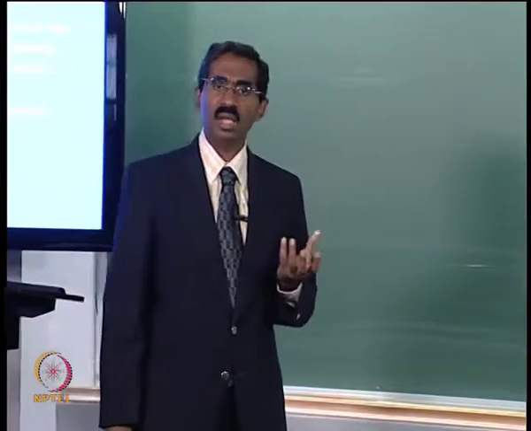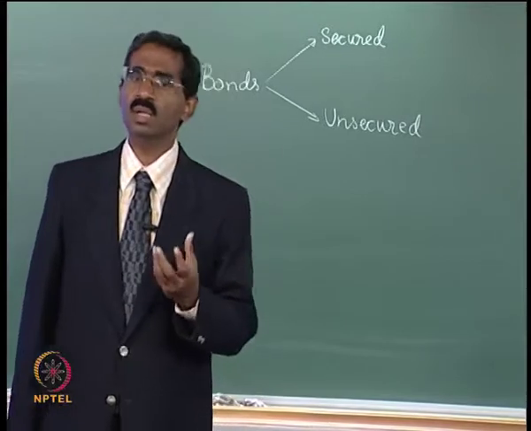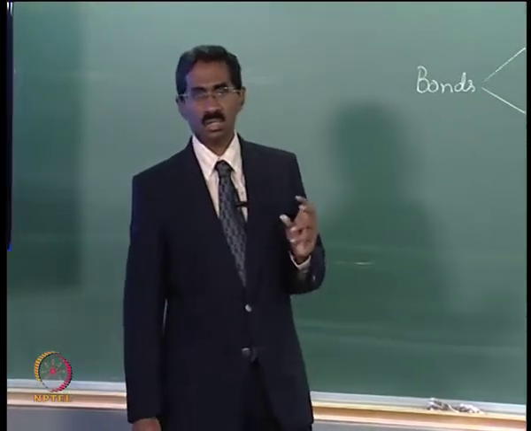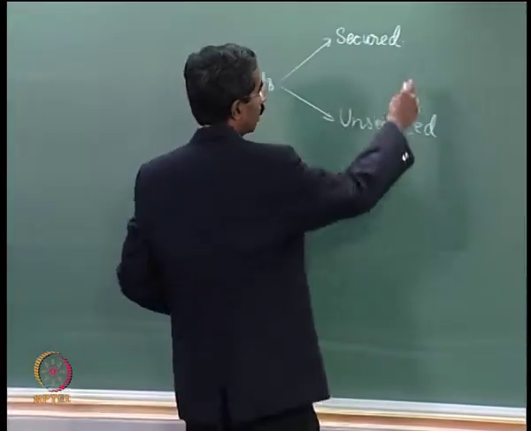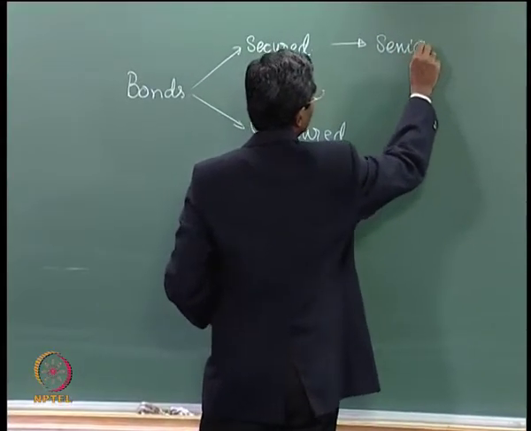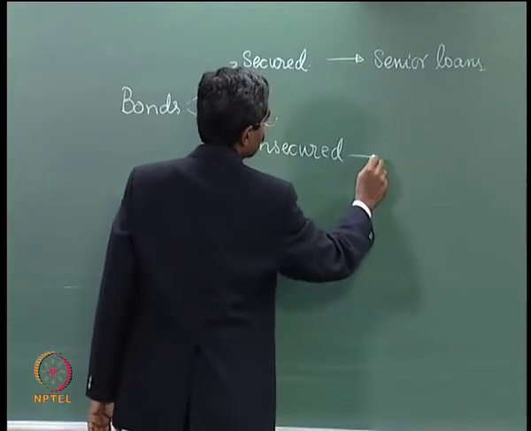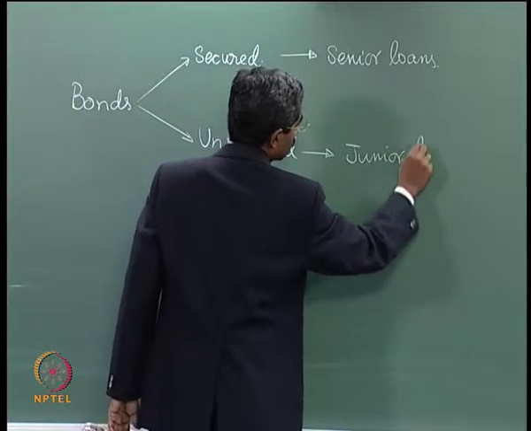In case the cash flows are not as per predictions, then the lenders do not have access to the assets of the project. Normally the secured are classified as senior loans, and the unsecured are called junior loans.